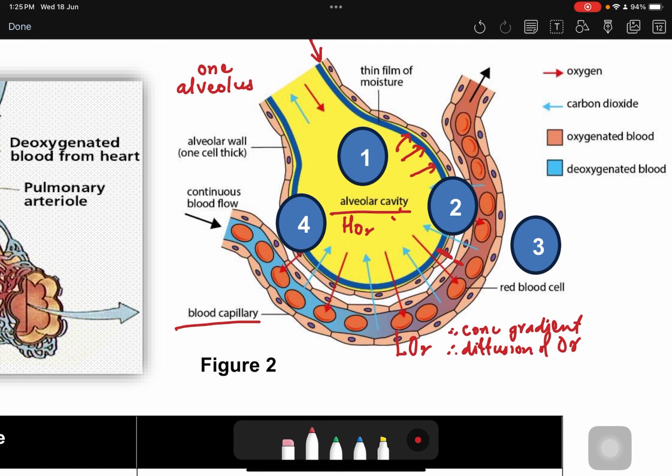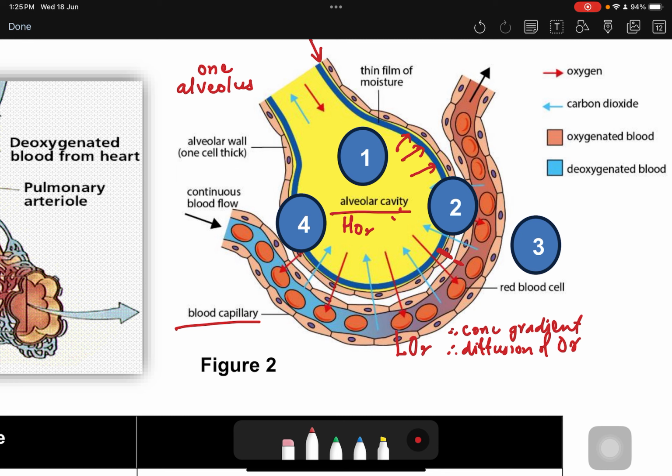I'll pause here for a quick question as well. What happens to the oxygen upon entering the blood capillary? If you answered, it will combine reversibly with the hemoglobin, you are actually right.